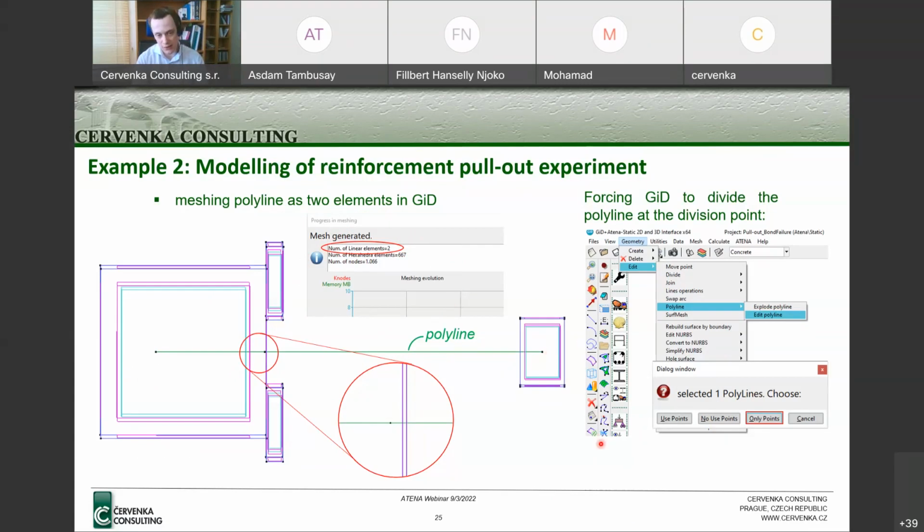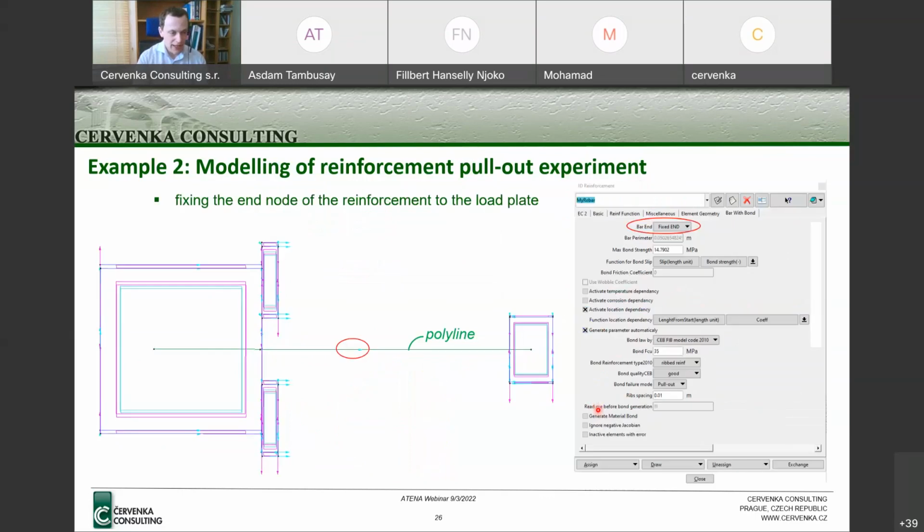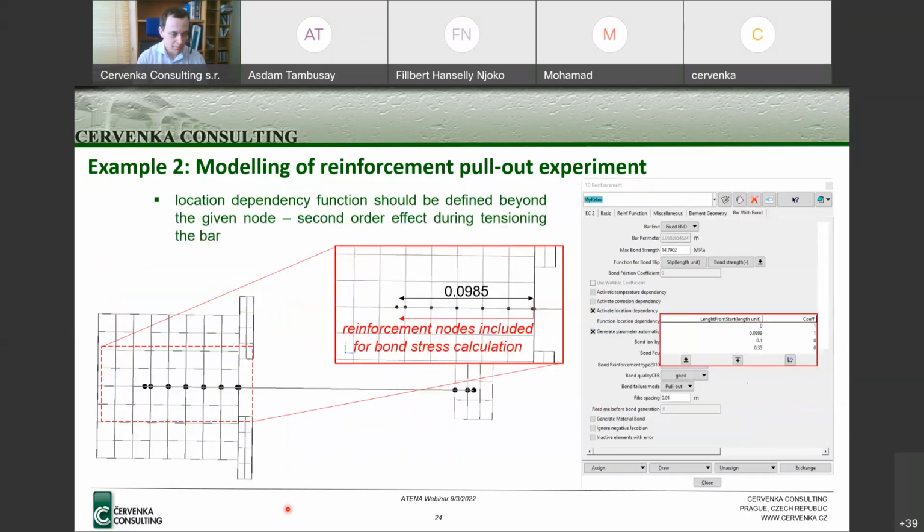To do it, we edit this setting for the polyline, select the polyline, and force GID to make it two segments.